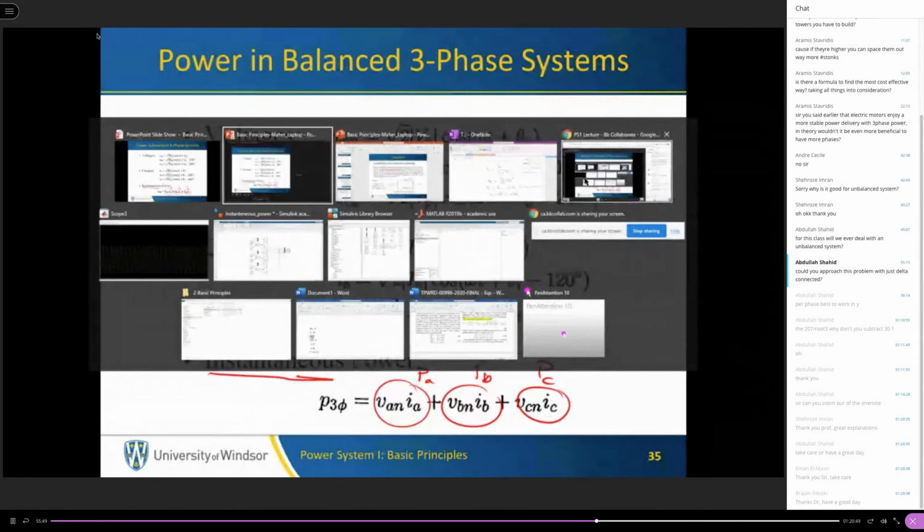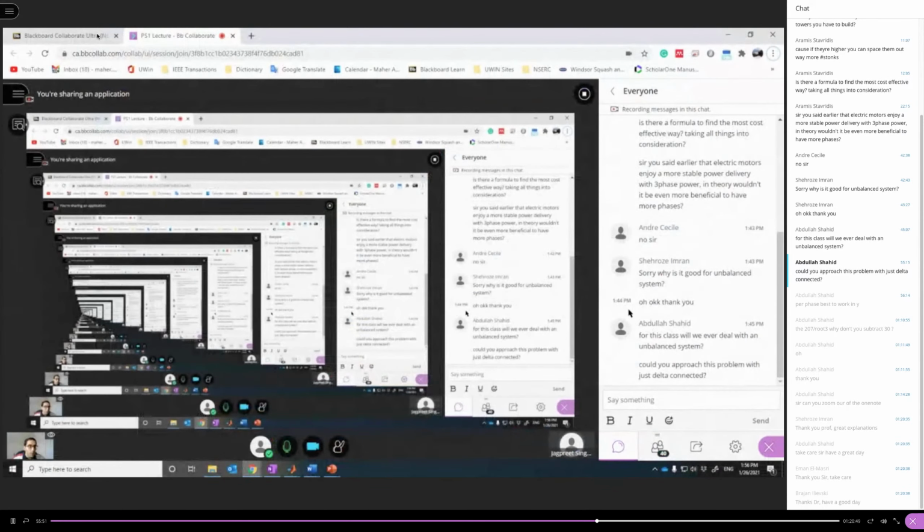I think I got a question. Could we approach this problem using the delta connection? No, we cannot. We have to transfer delta connected loads to star connected loads to work per phase, like if you want to calculate the phase to neutral voltage, the line current, and all these things, everything we should transfer.